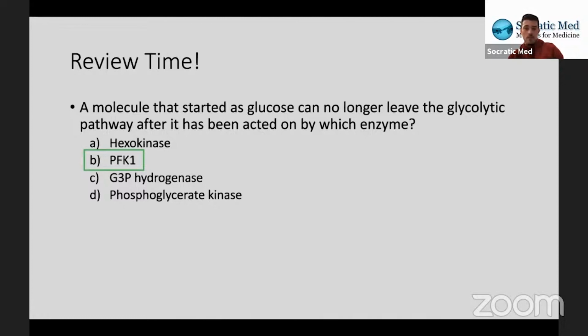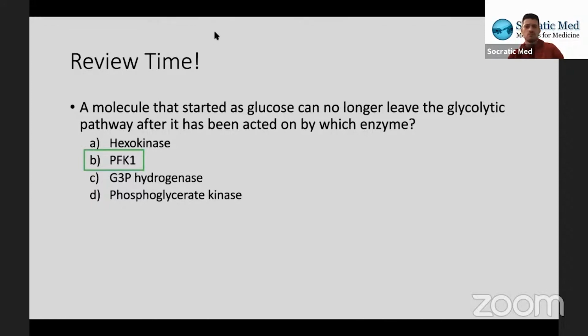At that time, the molecule is already committed. But we're looking at the specific enzyme that acts on the molecule that is the committed step, and that would be PFK1. So remember, it's that conversion into fructose 1,6-bisphosphate.